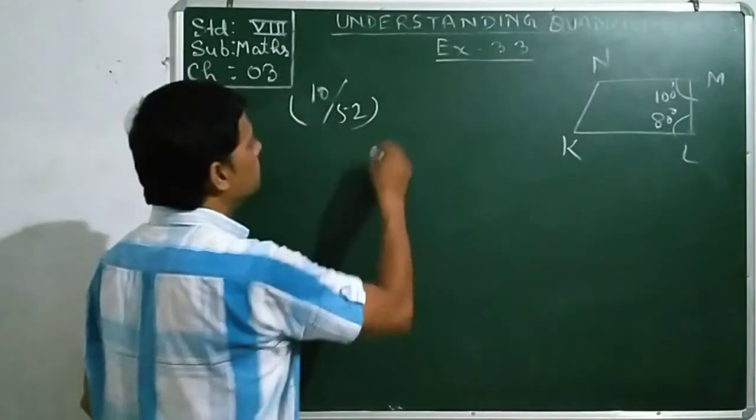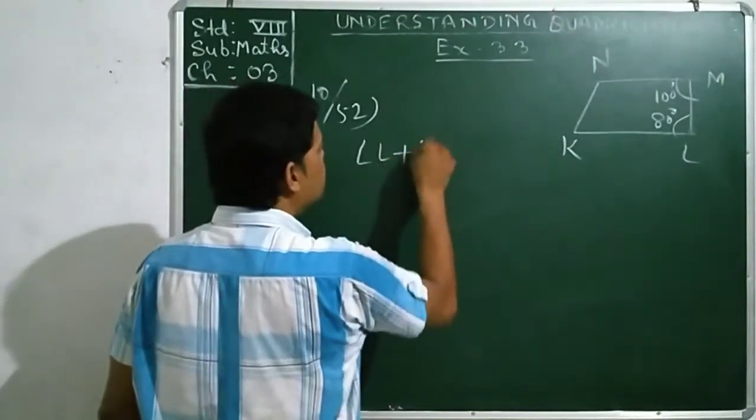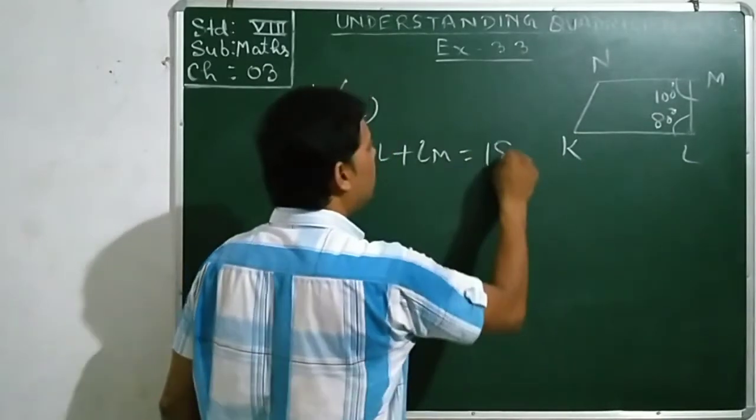We can write here angle L plus angle M equal to 180 degrees.